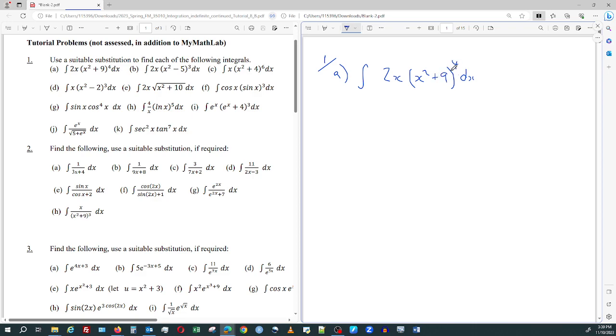Like the chain rule, this is the clue that tells us we're going to have to do 2 operations. So this calls for U substitution. So let's see if we can work out what we're going to be actually substituting.